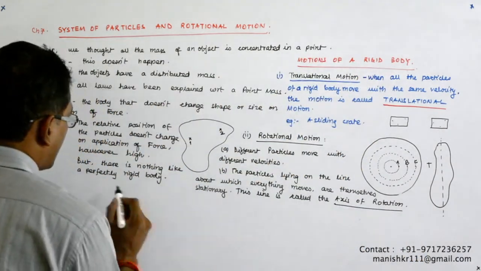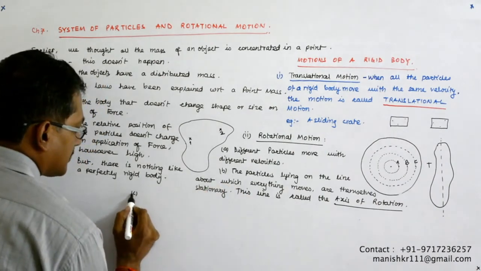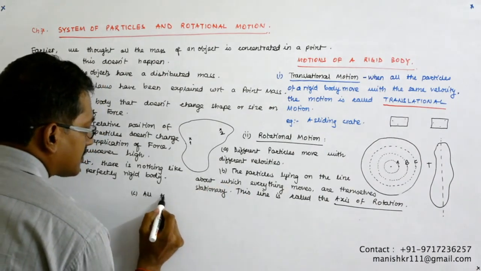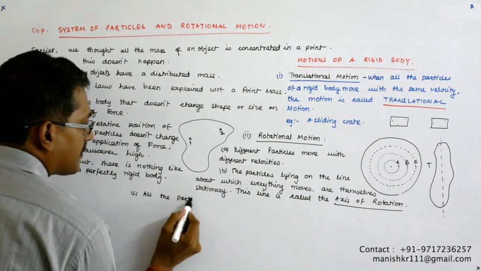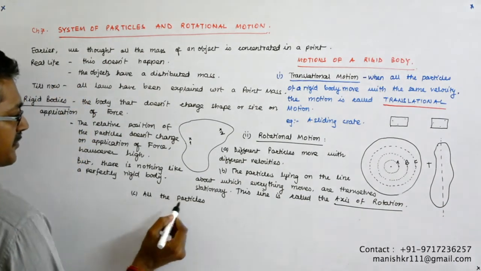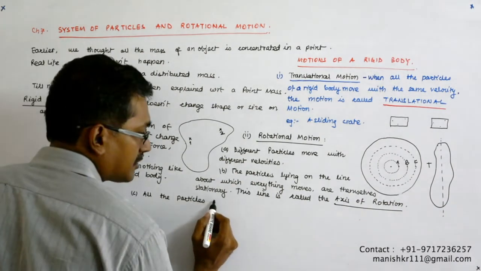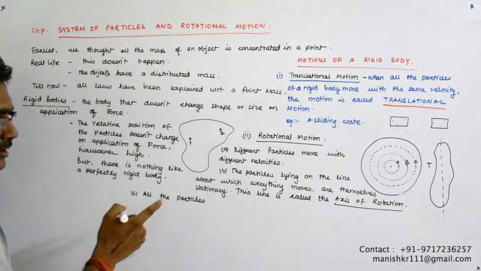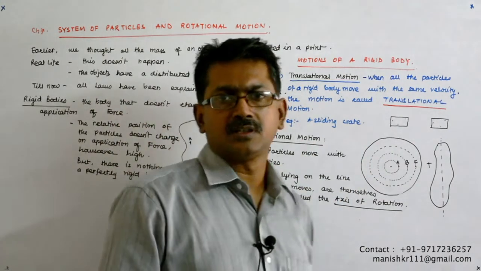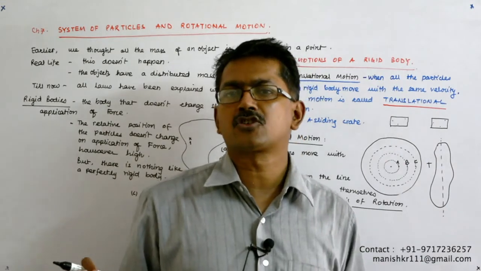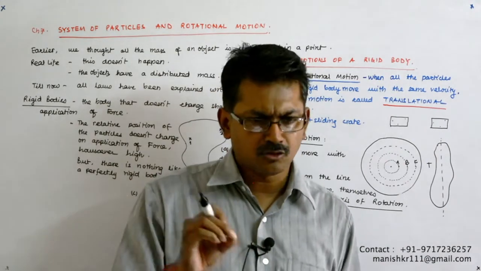Now what happens? All the particles, when they move about the axis, are actually going in a circular motion.